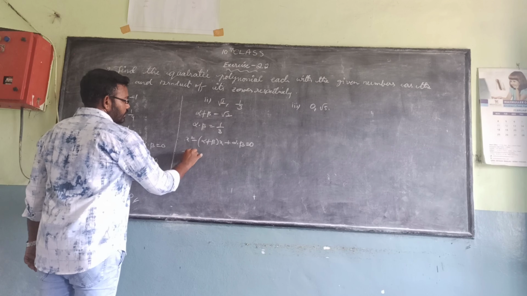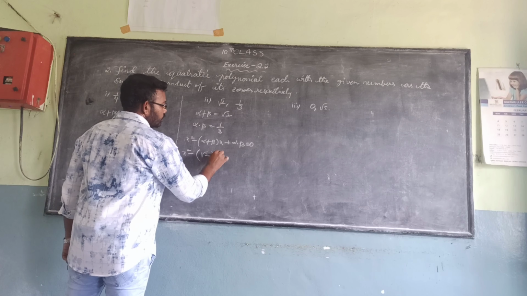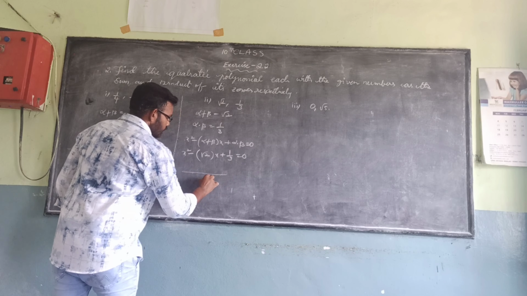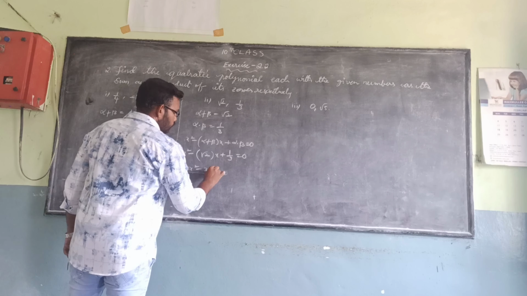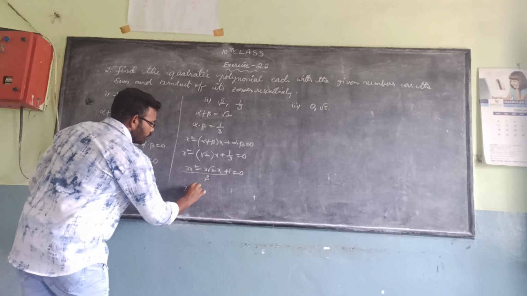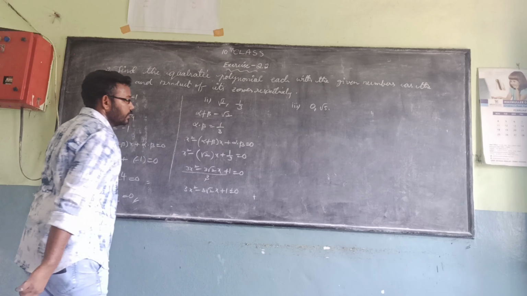So here x square minus root 2 into x plus 1 by 3 is equal to 0. If you take LCM, 3x square minus 3 root 2 into x plus 1 is equal to 0.